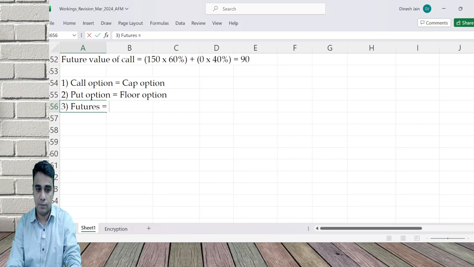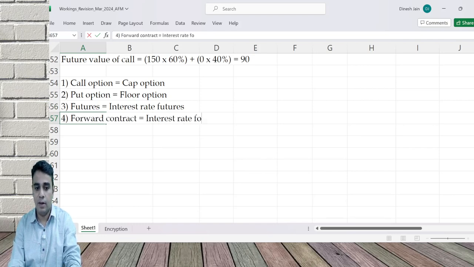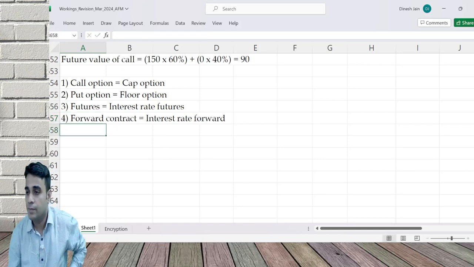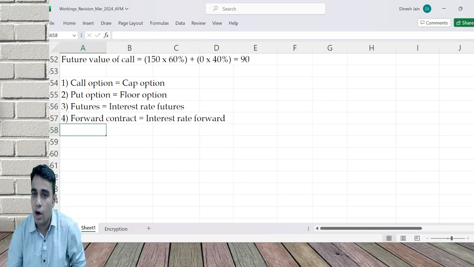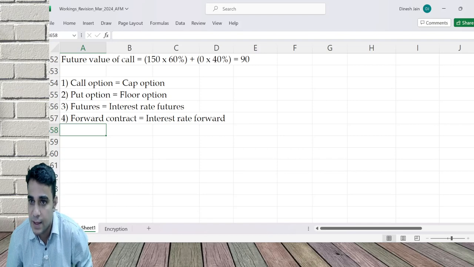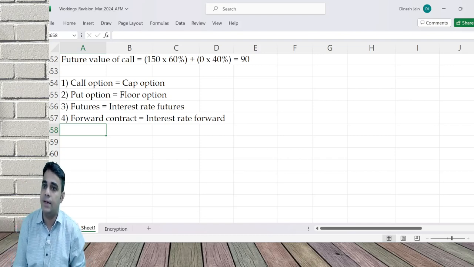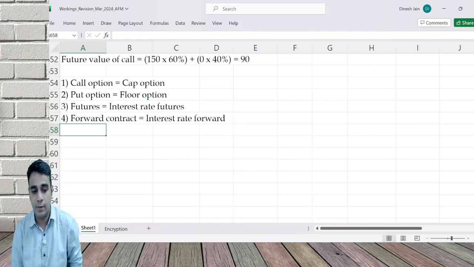Futures, here it's called interest rate futures. Forward contract, interest rate forwards. Normal forward contract you do in forex, here the terminology is called interest rate forward.